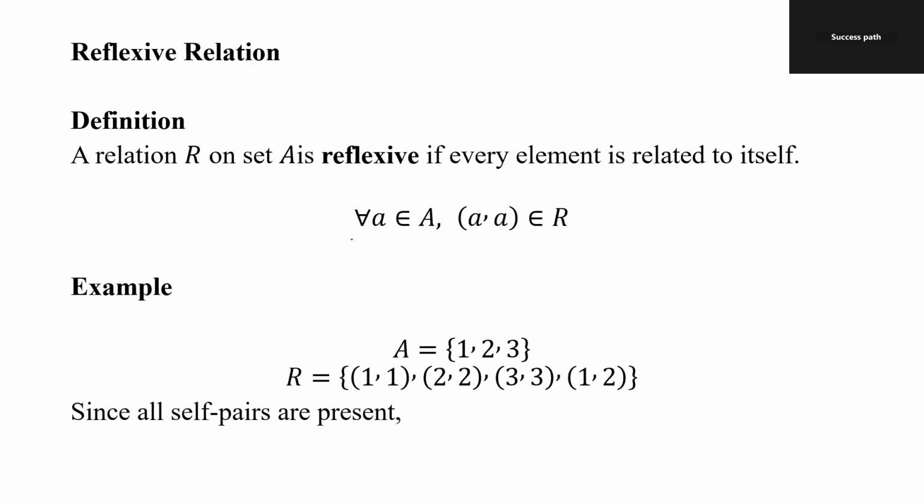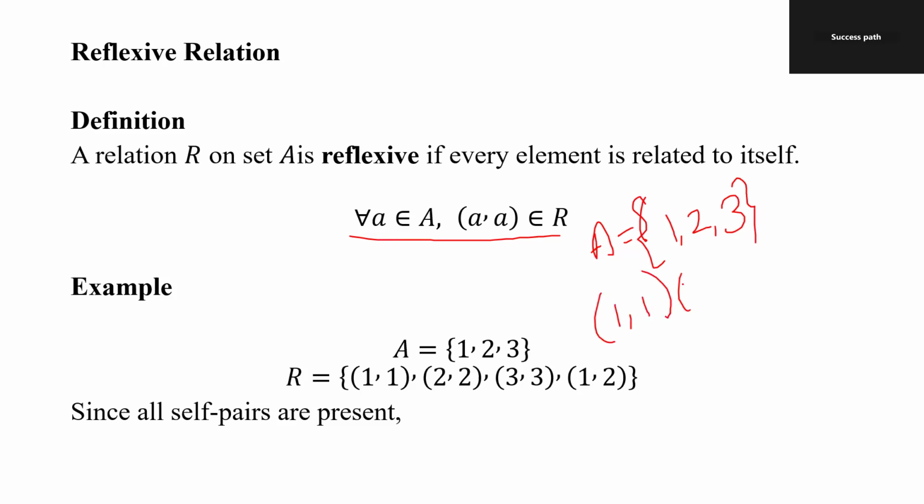First one, reflexive relation. Reflexive means every element is related to itself. For example, for A = {1, 2, 3}, the relation must contain (1, 1), (2, 2), (3, 3). All three elements must be there, each related to itself.